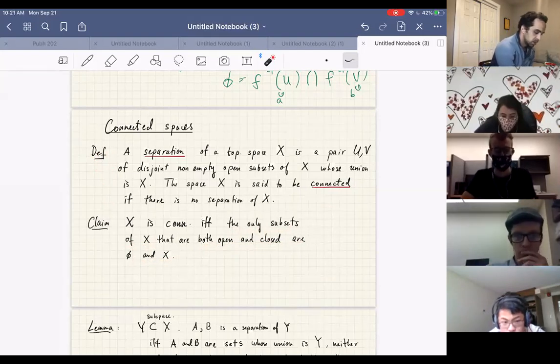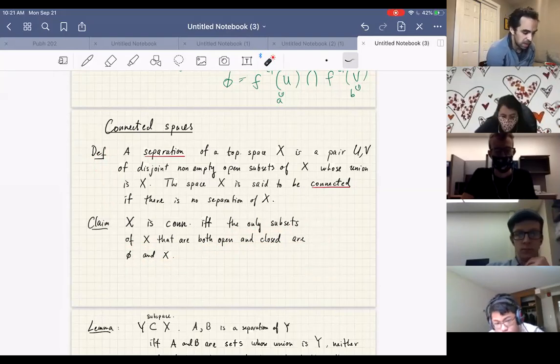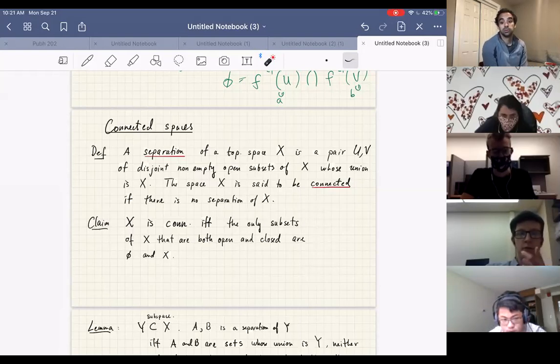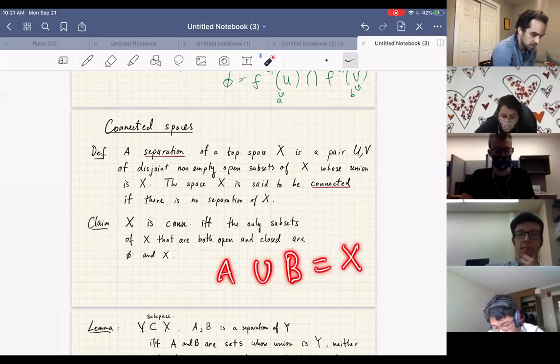If you have a separation, what does this mean? It means you have at least two open sets that are complements of each other in X, neither of which is empty.